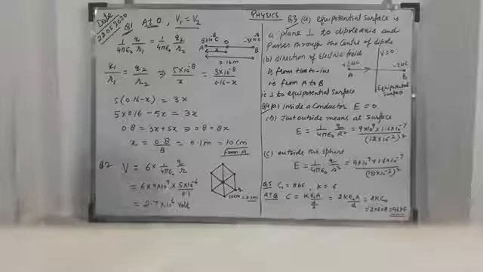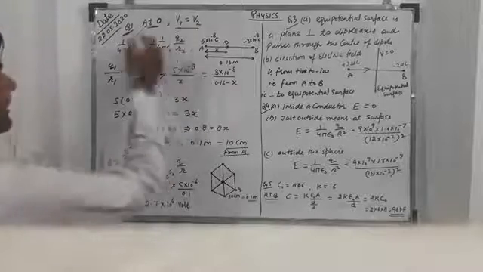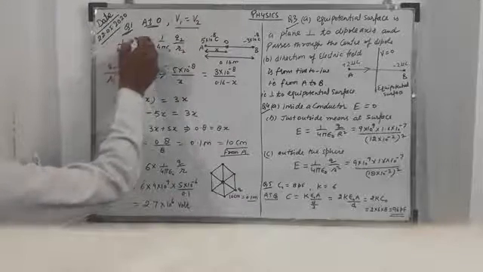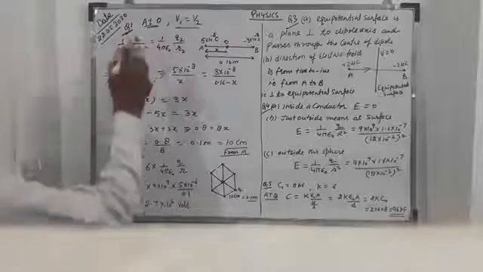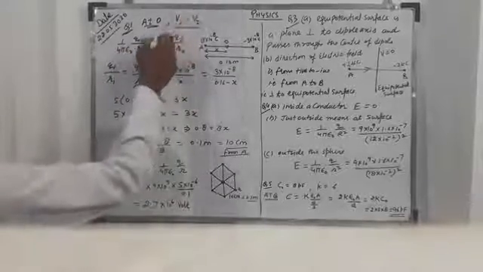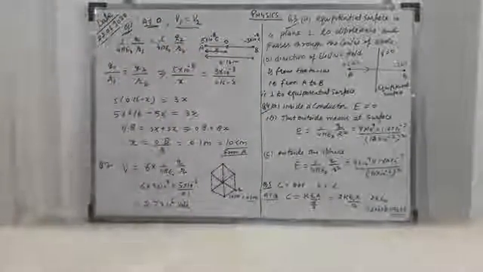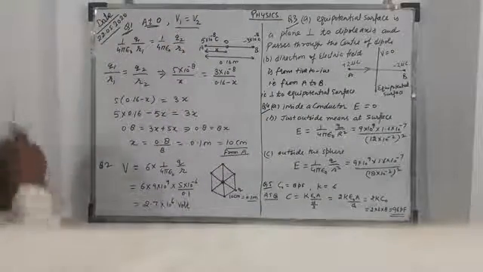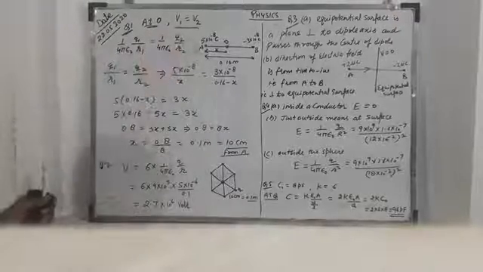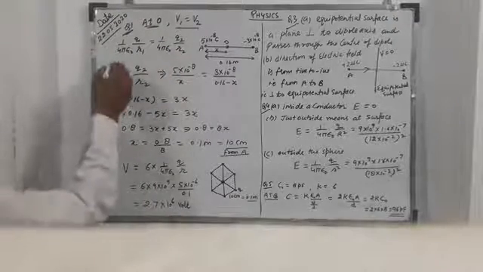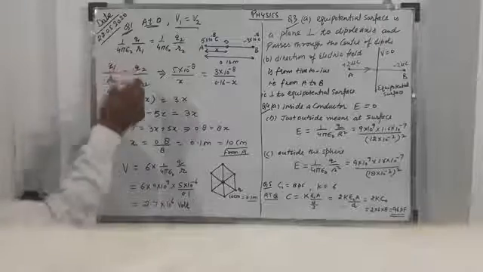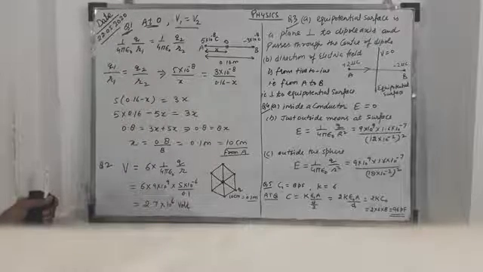Then V1 is equal to 1 upon 4 pi epsilon naught Q1 upon R1. V2 is equal to 1 upon 4 pi epsilon naught Q2 upon R2. The 1 upon 4 pi epsilon naught cancels out, then we get Q1 upon R1 is equal to Q2 upon R2.